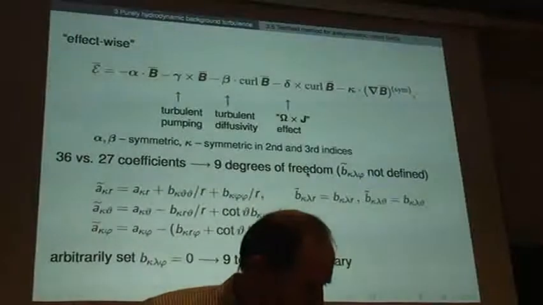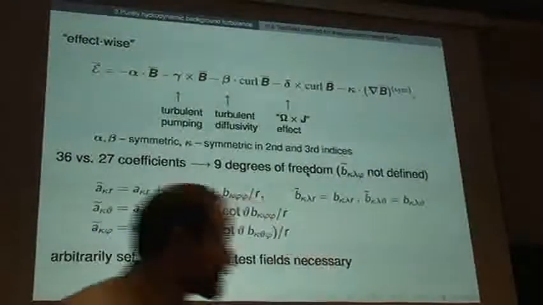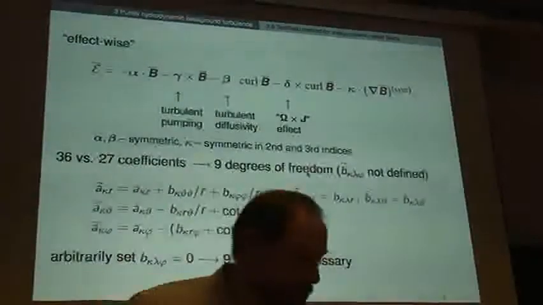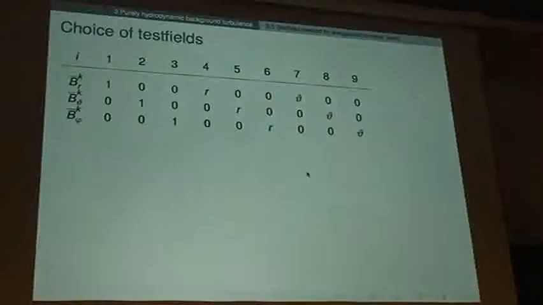Yeah. And 27 coefficients, of course, means 9 test fields, because any test field has 3 components now. But this was the original choice of Schrinner for the test fields. You see here the number of the test field, and here the 3 components. And you see here, this is constant, not depending on space, linear in r, and linear in theta, and that's it.